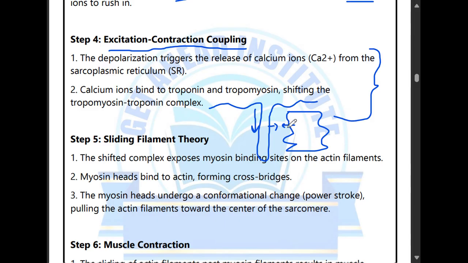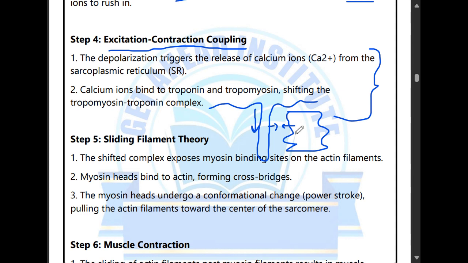When this has been stimulated, it will get hold of this ryanodine receptor and pull it. When it pulls the ryanodine receptor, it leads to the opening of the sarcoplasmic reticulum.